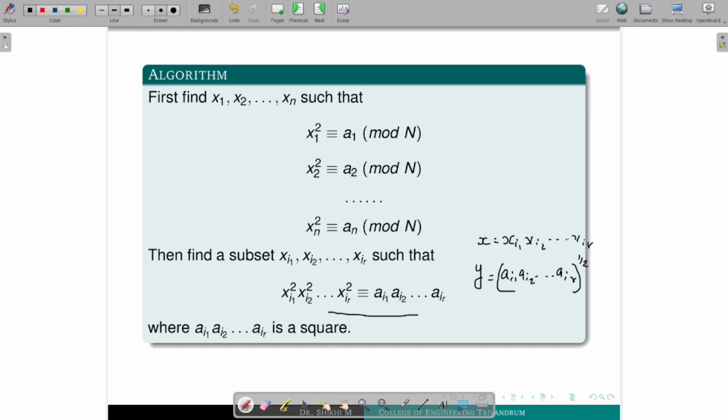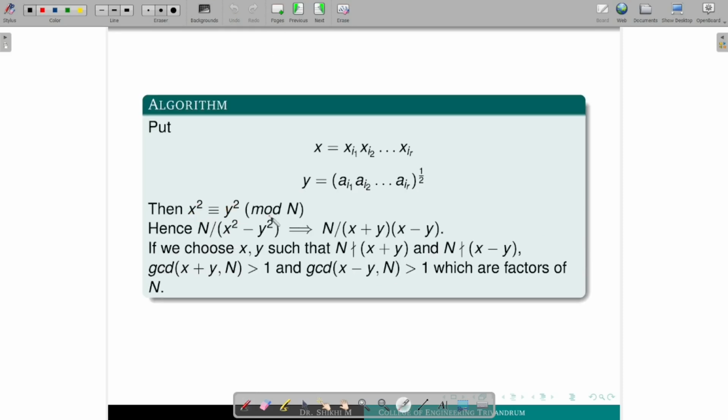So from this congruence we can conclude that x square, that is xi1, xi2, etc., xir square, is congruent to the right hand side, which becomes y square mod n. So this was our aim. We have to find some x and y satisfying this relation. So you will set x as xi1, etc., xir and y is equal to ai1, ai2, etc., air raised to 1 by 2. Then this relation holds, and we have x square congruent to y square mod n.